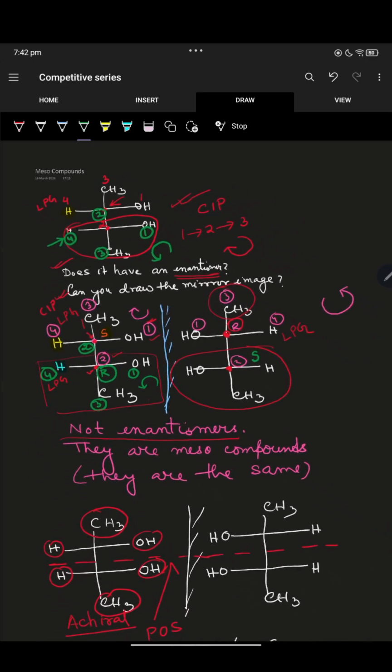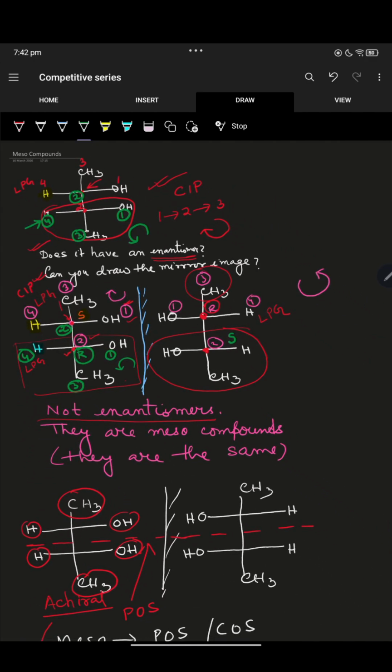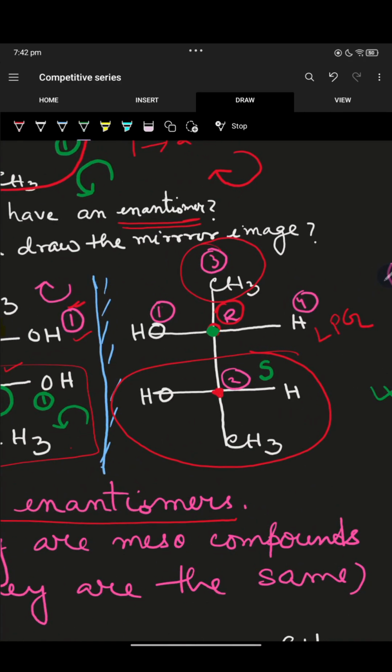Now, when you try to draw the mirror image, suppose I say this compound is the mirror image. But is it the mirror image? Is it the enantiomer? For that, we need to see the configuration of the first chiral carbon. Number 1 is OH, number 2 is this, number 3 is CH3 and number 4 is H, which is in horizontal.